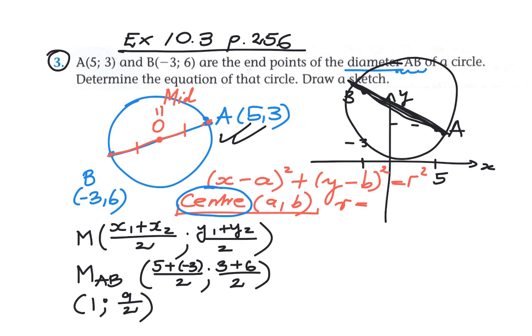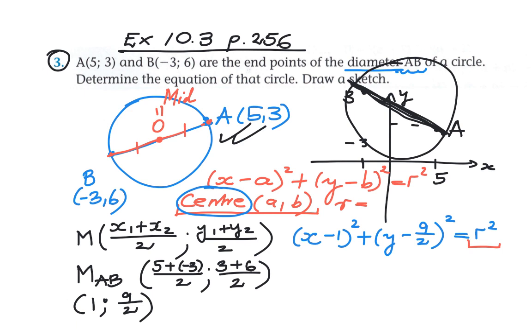So I can substitute this into my equation, and on the left hand side I have (x minus 1) squared plus (y minus 9 over 2) squared equals r squared. The last thing we have to calculate is our r.